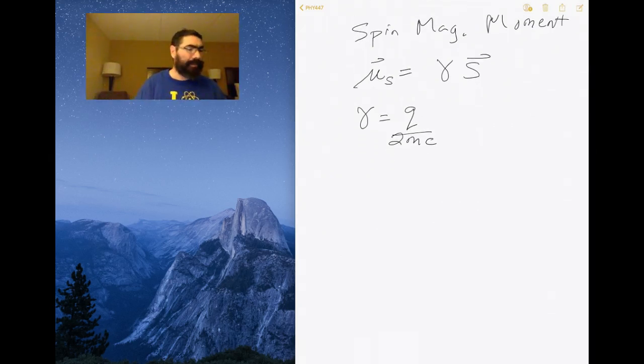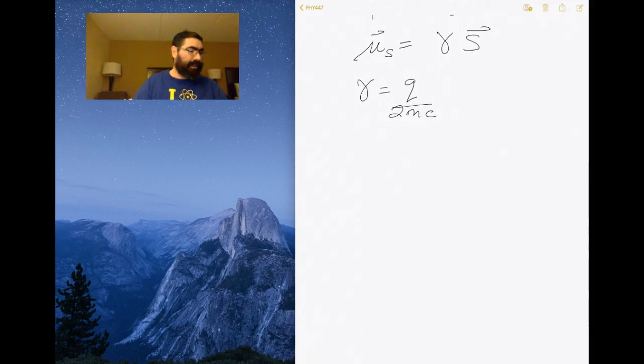Okay. Now, as it turns out, the spin actually has a much larger gyromagnetic ratio. So we actually throw in a kind of normalization factor.